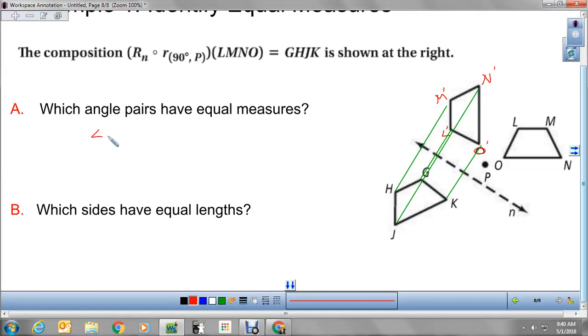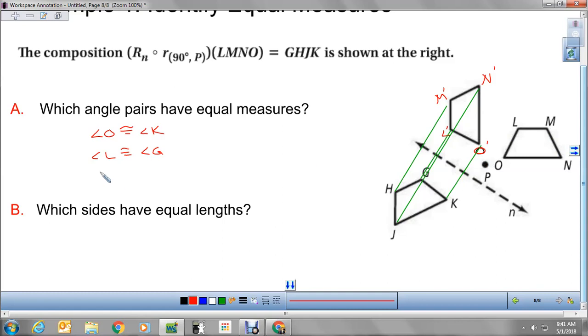So when it asks us which ones measure up from our original figure, if I say O prime, that's going to be the same thing as O, and it's going to be congruent to the one across from it, which is going to be angle K. And then we do L. L is going to be congruent to, if we look across here, angle G. And then we're just working our way around here.